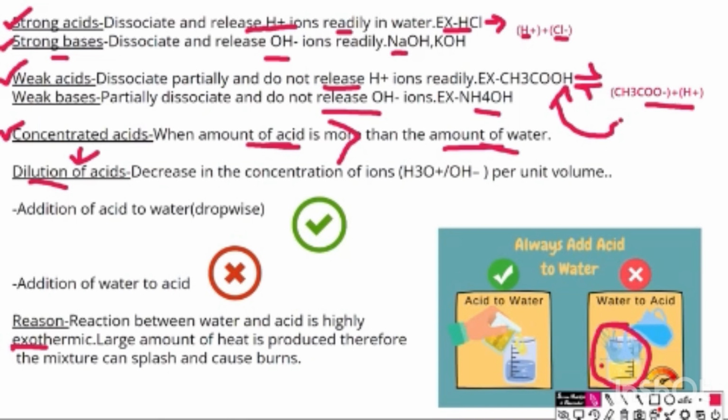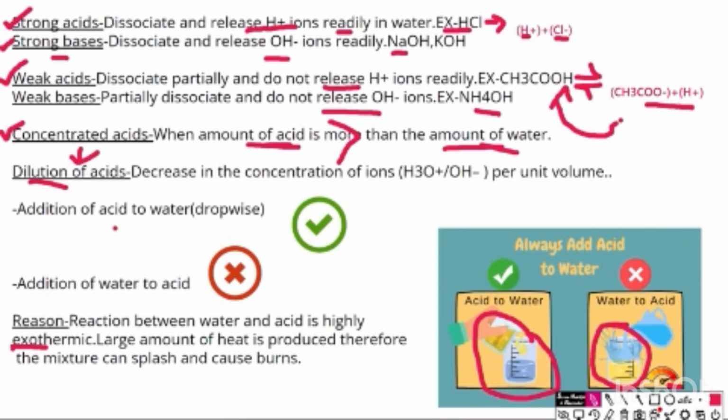So the temperature increases rapidly, as you can see here. Due to this high temperature and large amount of heat, the acid can splash over us and cause burns. So the correct way to dilute an acid is to add the acid into the required amount of water drop-wise with constant stirring of the solution.